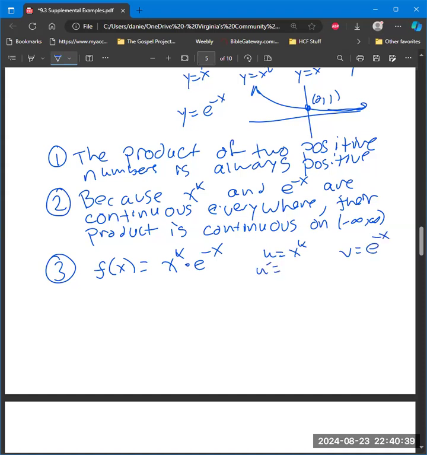u prime is equal to k x to the k minus 1. v prime is negative e to the negative x. So we have f prime of x equal to u prime v plus v prime u.